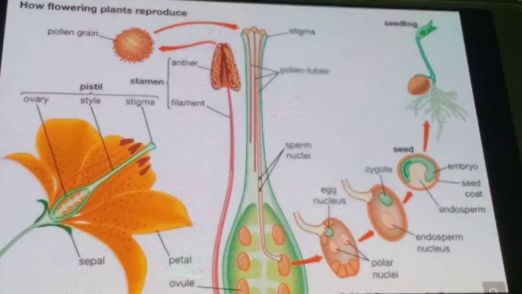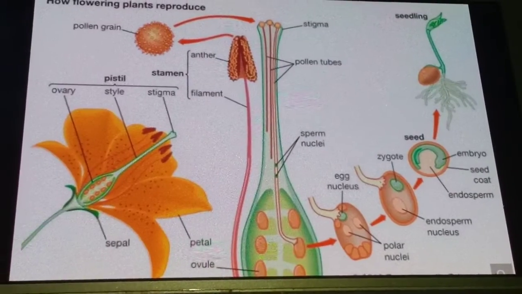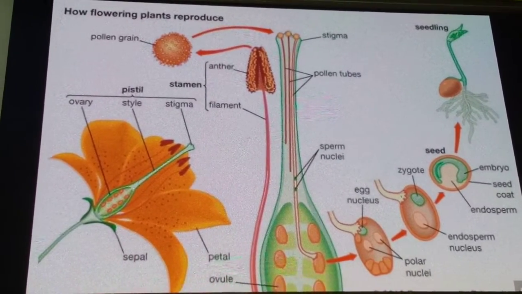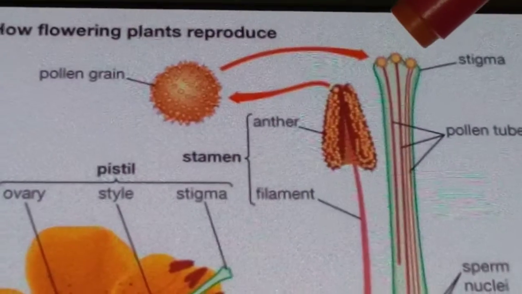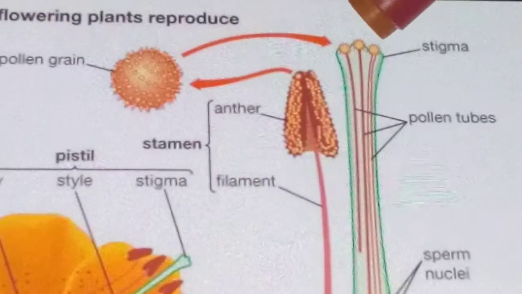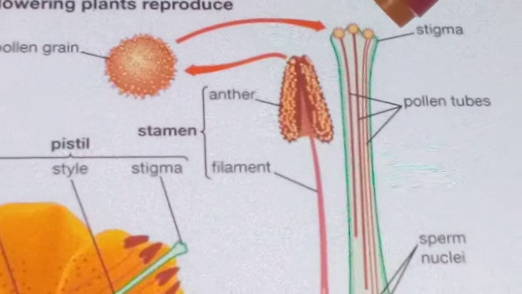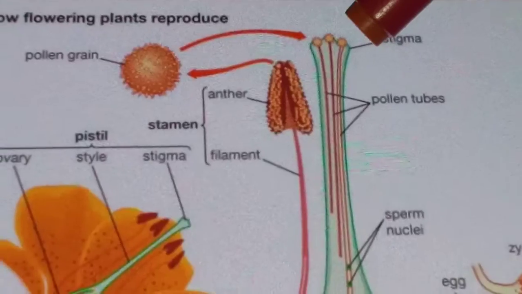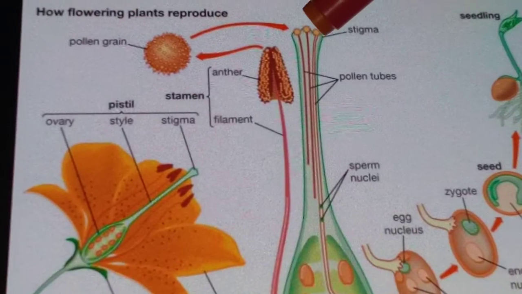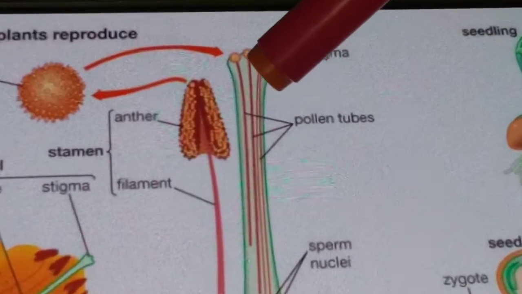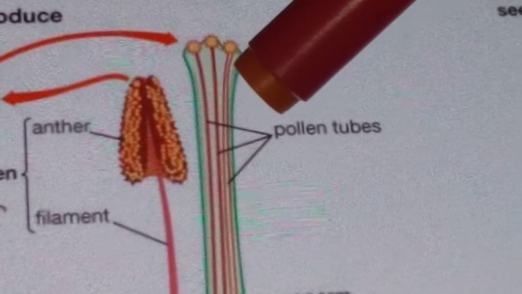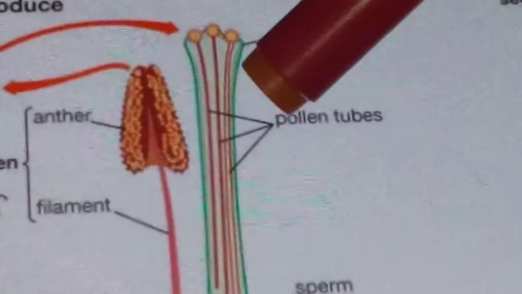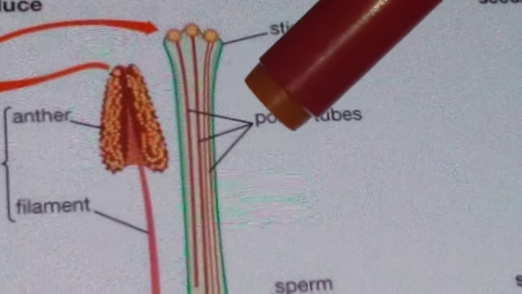First step, the pollen grain contacts the sticky stigma. Look, here it is. Second step, the pollen grain germinates a pollen tube. You can see the pollen tube here.